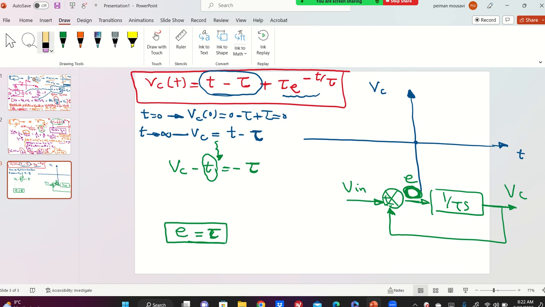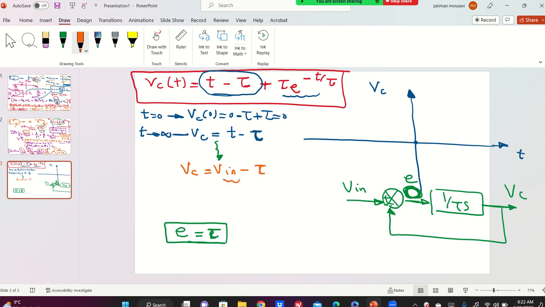On the other hand, you see that Vc is equal to V in minus tau.